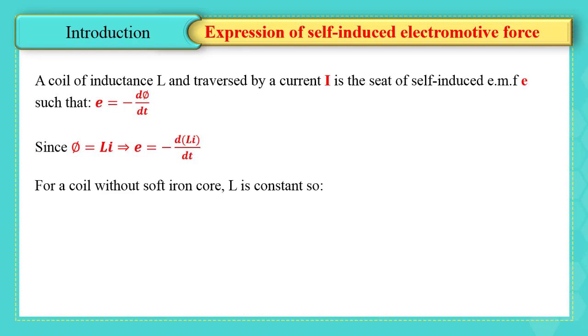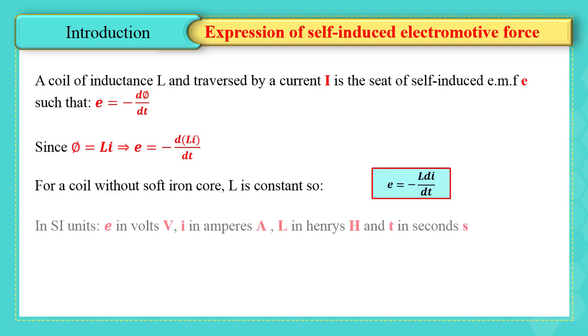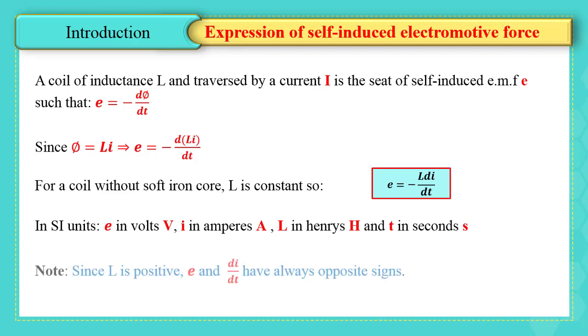Then the expression of the electromotive force e becomes equal to minus L di over dt. And the SI unit of e is volt, i in amperes, L in henries, and t in seconds. And we must notice that since L is positive, e and di over dt always have opposite signs.